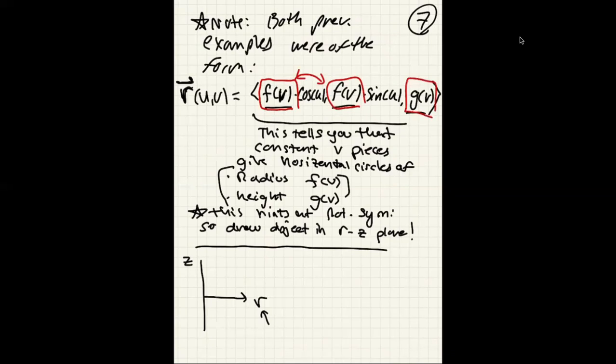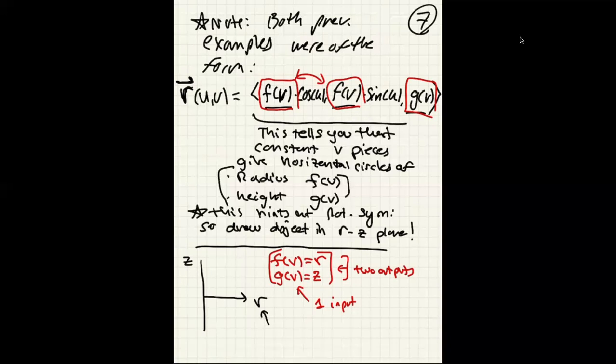Okay, so what we have in here is, these are the same thing, and this. Notice that we have f of v is R, and g of v equals Z. So again, one input, two outputs. This gives a parametrized curve in the RZ plane.